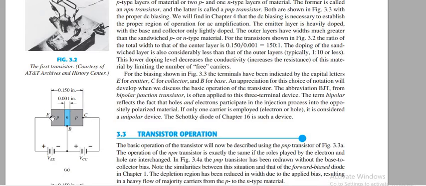Now, the names in fact indicate according to their functions. As the name emitter means emitting something, when we are providing some potential difference to this terminal, it is known as the input part.